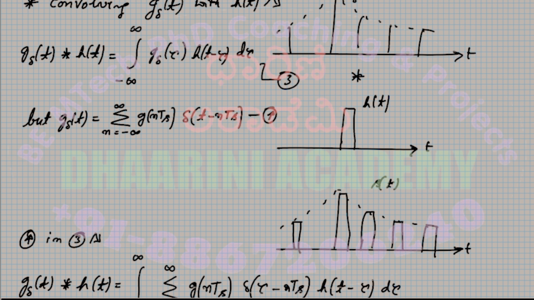And then we introduced another term called the aperture effect, right? That is because of the sinc function present in the equation. Okay, so till there we had discussed. And the next topic that we are going to see today is PAM.